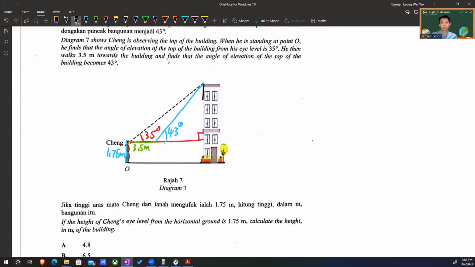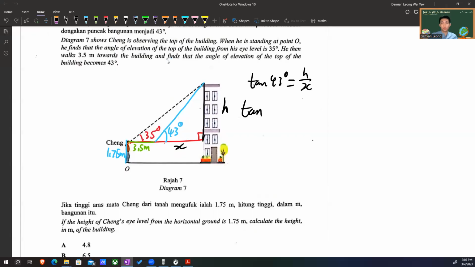Let's call this H. I don't know what this length is, so x. Tangent 43 degrees is opposite over adjacent, H over x.